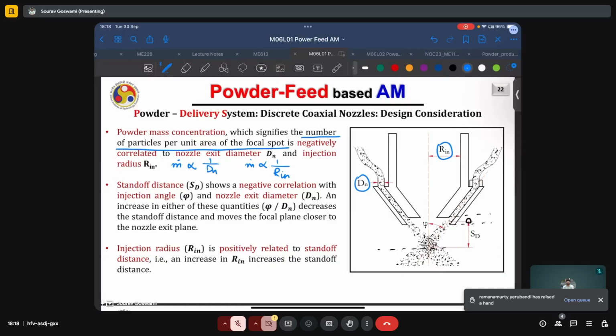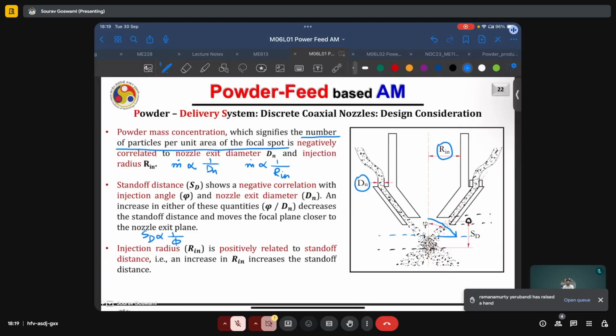The standoff distance shows a negative correlation with injection angle phi, which again is easy to visualize, because if we keep on increasing this angle, what we can expect is this focal plane to rise up and so the standoff distance to decrease. Whereas for a smaller injection angle, the standoff distance is expected to increase.